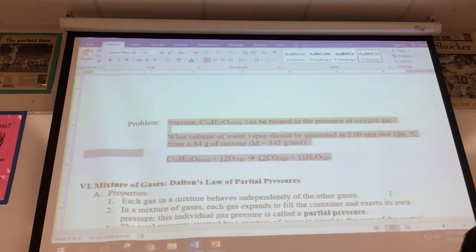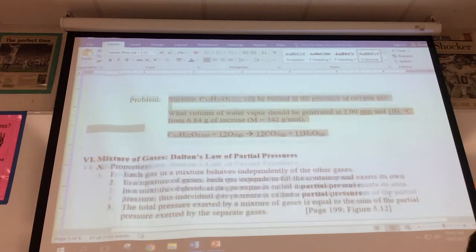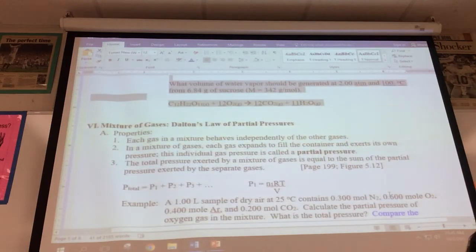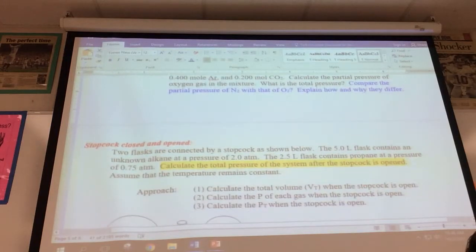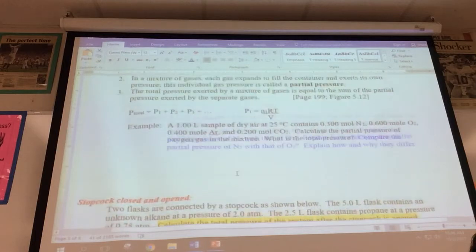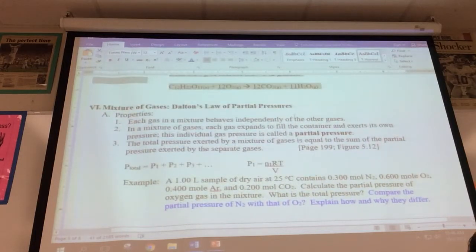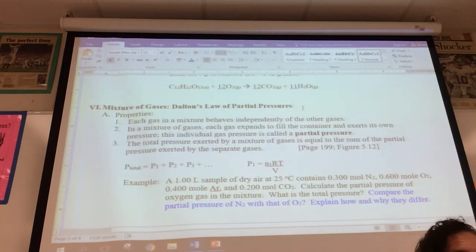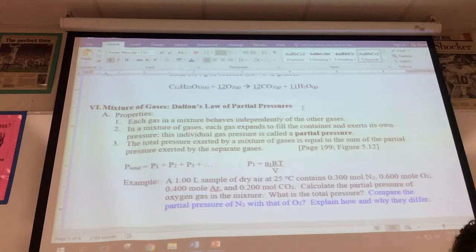The other crux today is going to be on partial pressure, which we did last year. Pretty straightforward. Probably going to do a little more complicated work with it. And we're going to work on this stopcock closed and open problem. If you spend some time on the POGO packet that was on partial pressures, your level of understanding of this section is going to be very high.